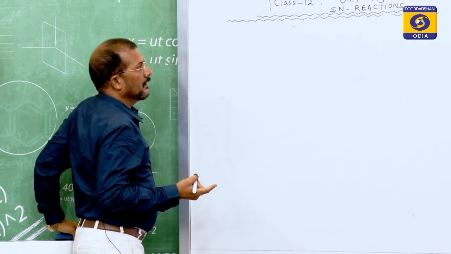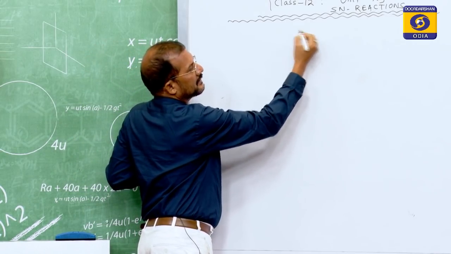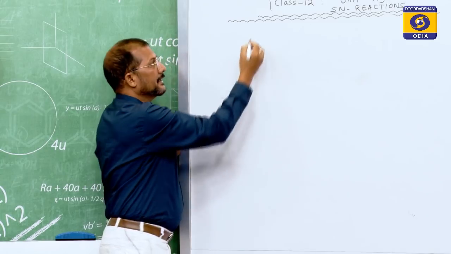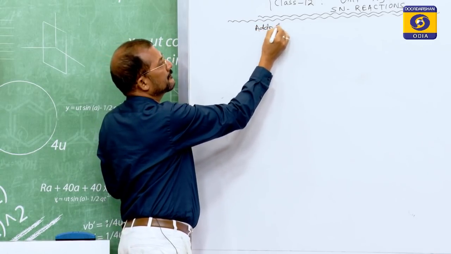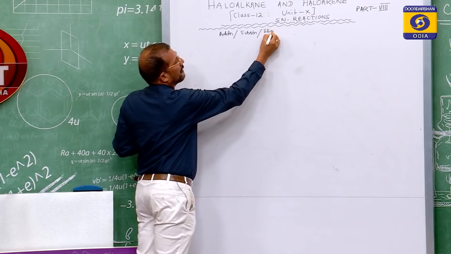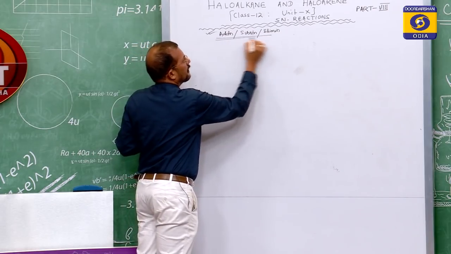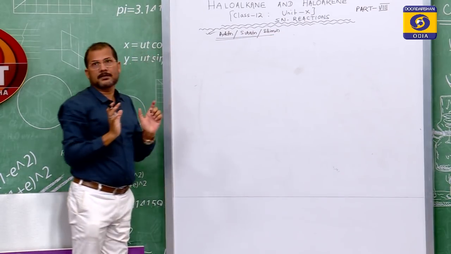Please students, do not be confused upon these things. What are the types of reactions like addition reactions, substitution reactions, elimination reactions. Try to understand these three words clearly.